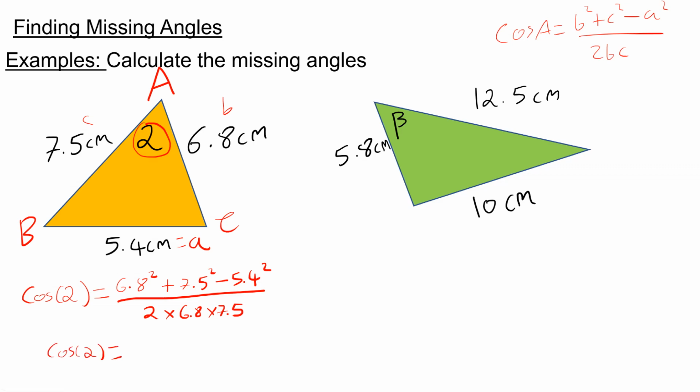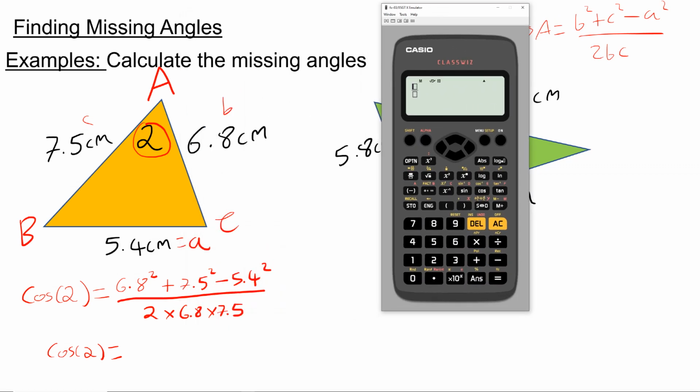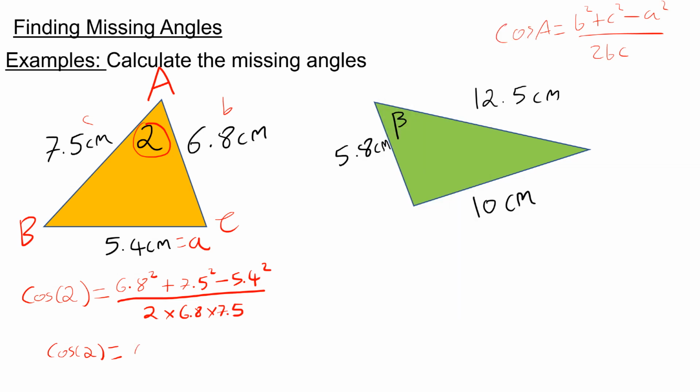So let's put this into our calculator so we can use the fraction button. So I have 6.8 squared plus 7.5 squared, take away 5.4 squared, over 2 times 6.8 times 7.5. So I get this, 0.7189, and so on.